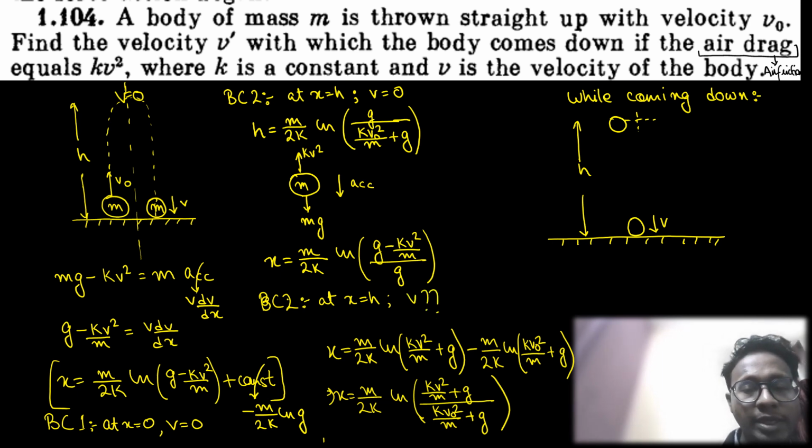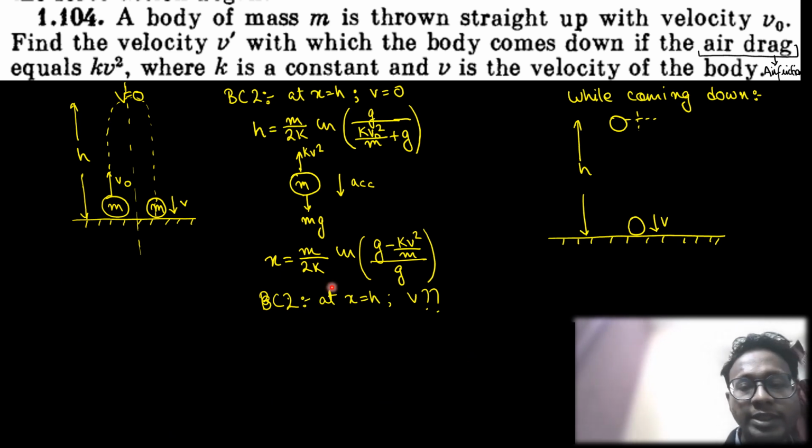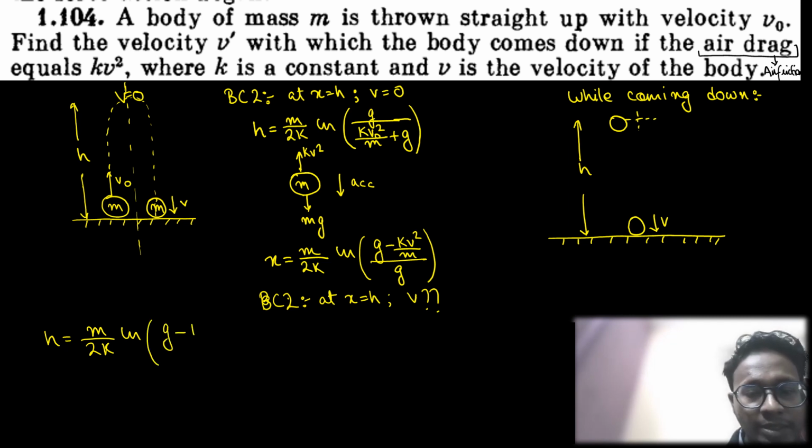Similarly out here, in this equation, if you put x equals h, you need to find out v equals what? So h equals m by 2k ln of (g minus kv square by m) divided by g. We need to find the value of v out here.